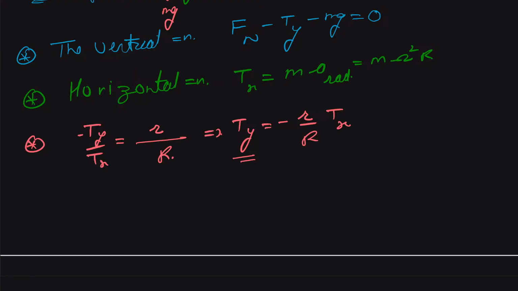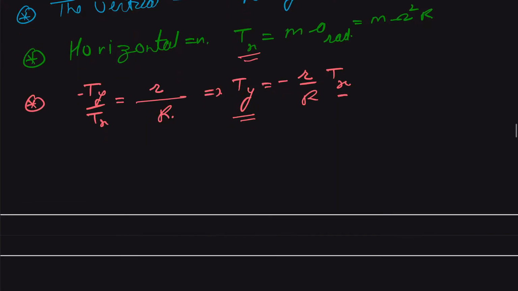We can substitute the value of T of x and solve it further. So we can say that T of y will be equal to minus small r upon capital R times T of x.